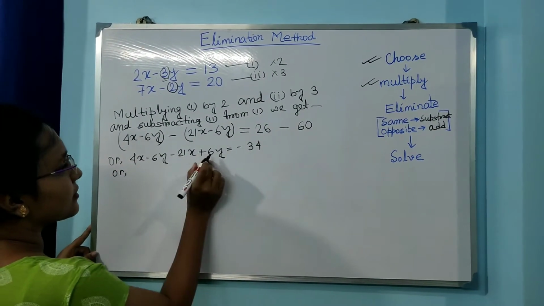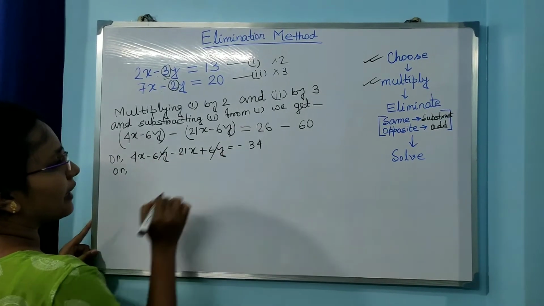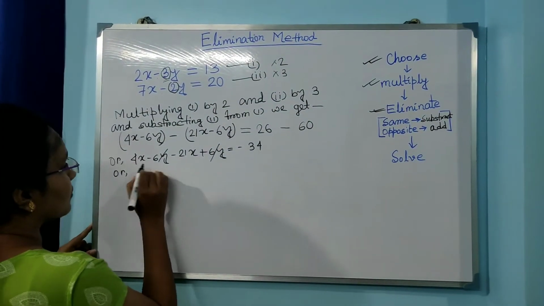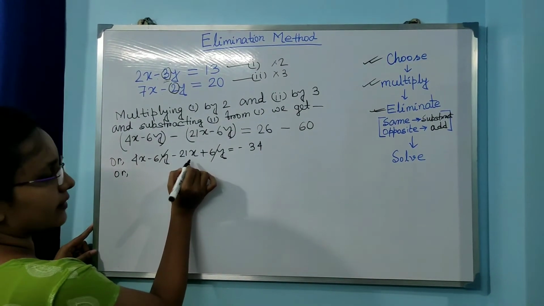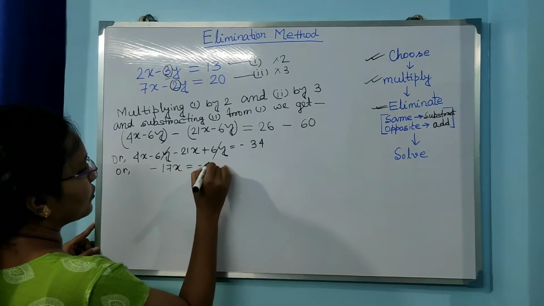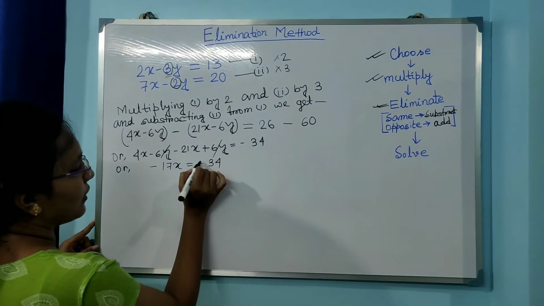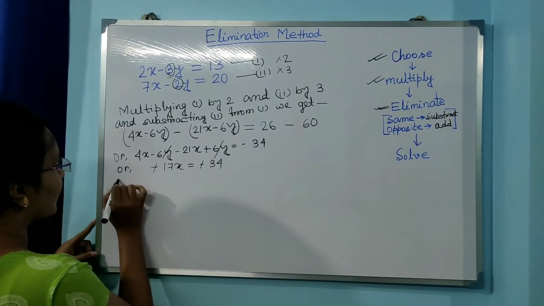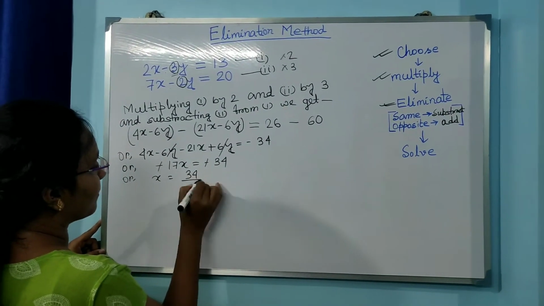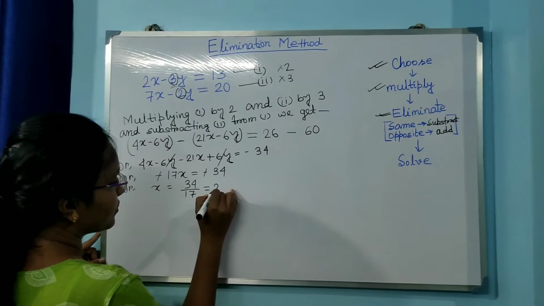Here 6y and 6y will be eliminated, so elimination is done. So 4x minus 21x will be minus 17x equals minus 34. So the minus signs will be removed and x will be 34 upon 17, which is 2.